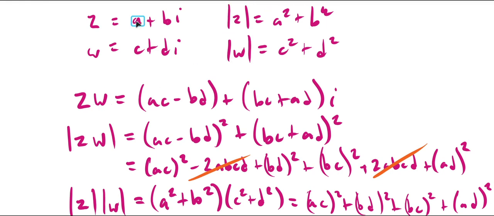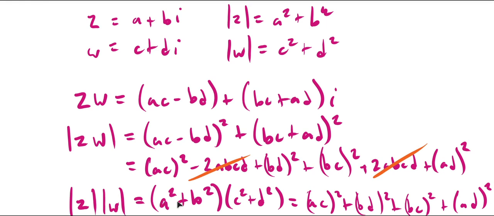If z is a plus bi and w is c plus di, then zw is (ac minus bd) plus (bc plus ad)i. If you want the length of that, you square both terms, and expanding and canceling the middle term, you just get (ac) squared plus (bd) squared plus (bc) squared plus (ad) squared. Now, what about the length of z times the length of w?